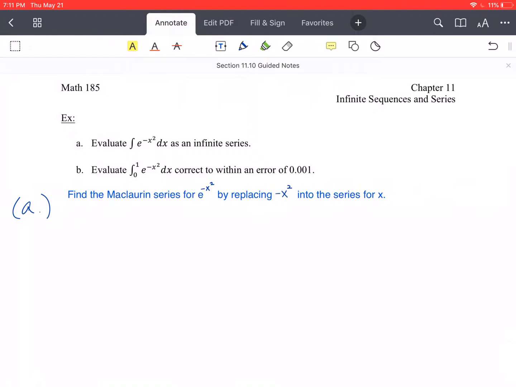Instead of starting from scratch like we did before, we just use ones that we already know, and that's going to make our jobs even easier.